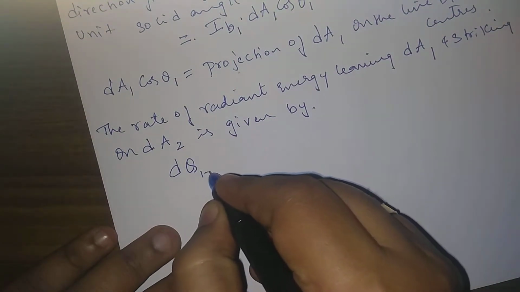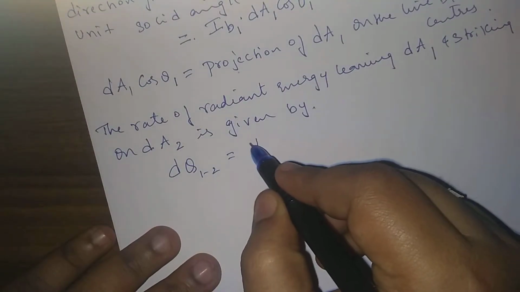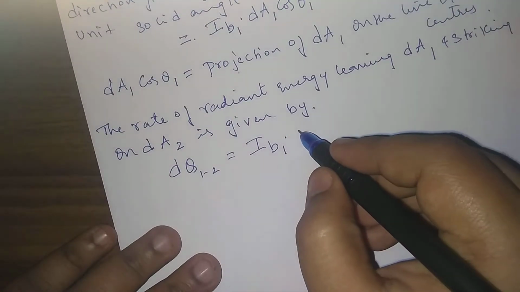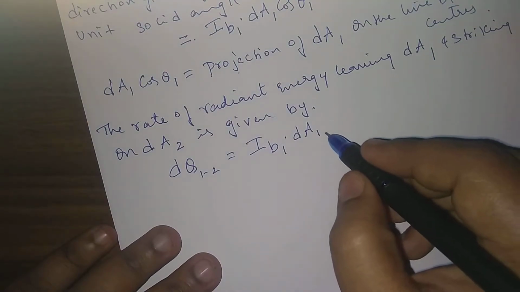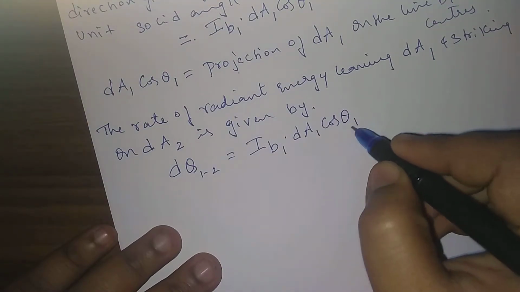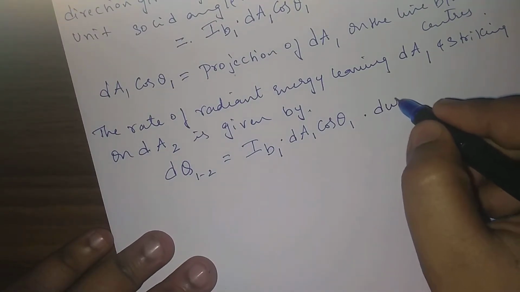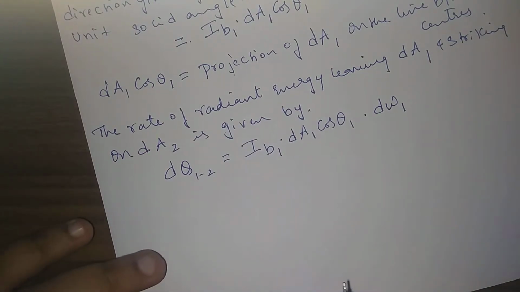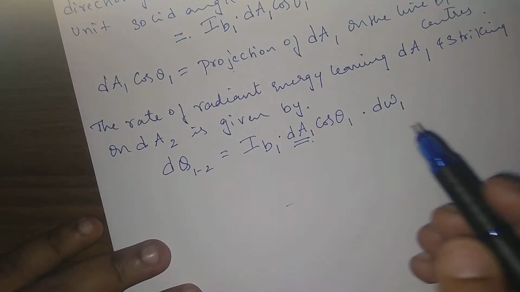It is dQ, a differential quantity. dQ 1 to 2 is equal to what? Of course, the intensity of radiation times the area from which the radiation is coming out times cos theta 1. It is per unit solid angle. If you multiply this by the solid angle, you get the entire net radiant energy that is coming out of area dA1.